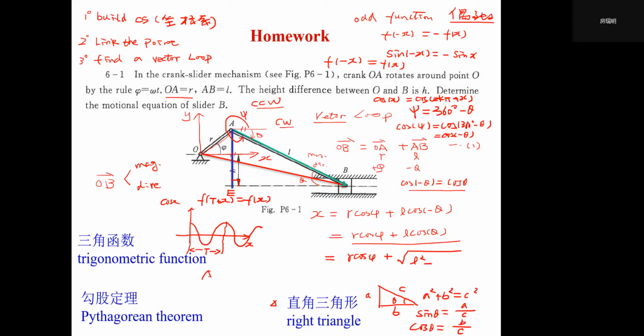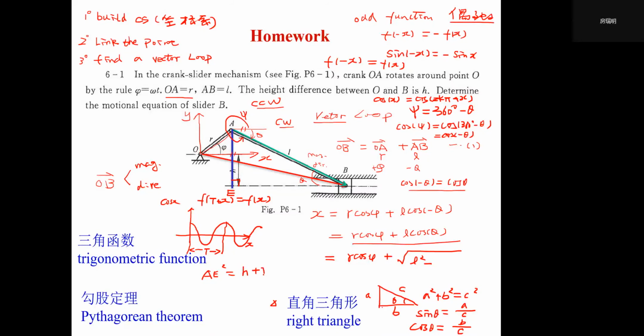We know that this height is H, plus from here to here, which is another right triangle, so this length will be R times sine phi.